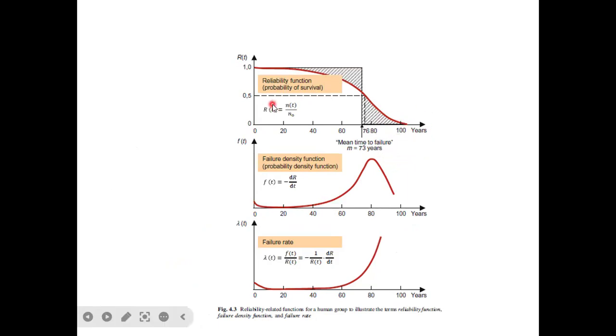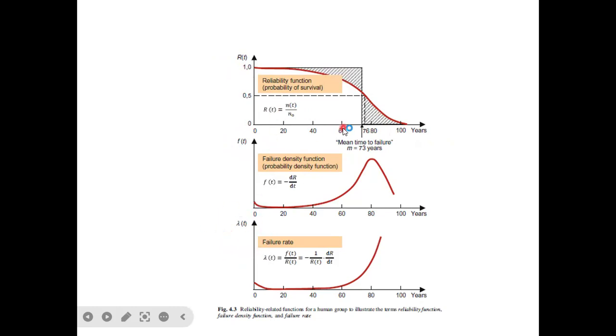For example, a human being may live 100 years. So how to calculate the reliability function? Here on the x-axis I am considering the years, and on the y-axis the reliability function, R of t. In the second graph, on the y-axis I am taking the failure density function, and lambda of t is also a very important factor here, that is the failure rate.